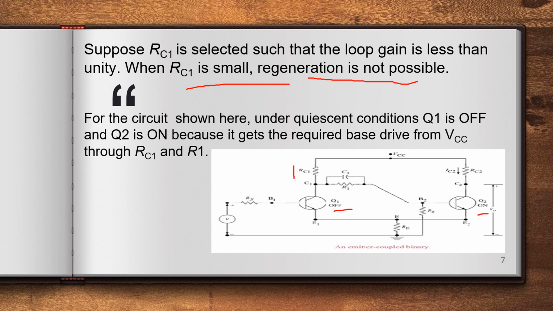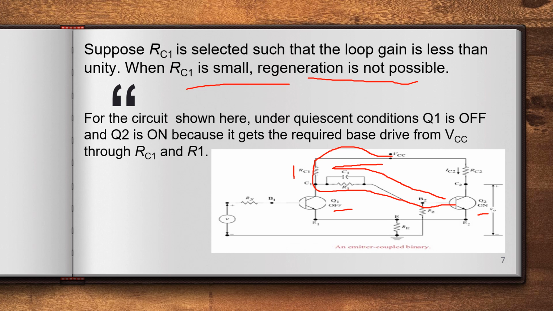Q2 is on because it gets enough base drive from VCC in this route. Here the base is directly coupled to VCC. That's why transistor Q2 gets enough base drive from VCC. The base of transistor Q1 is not connected to VCC.